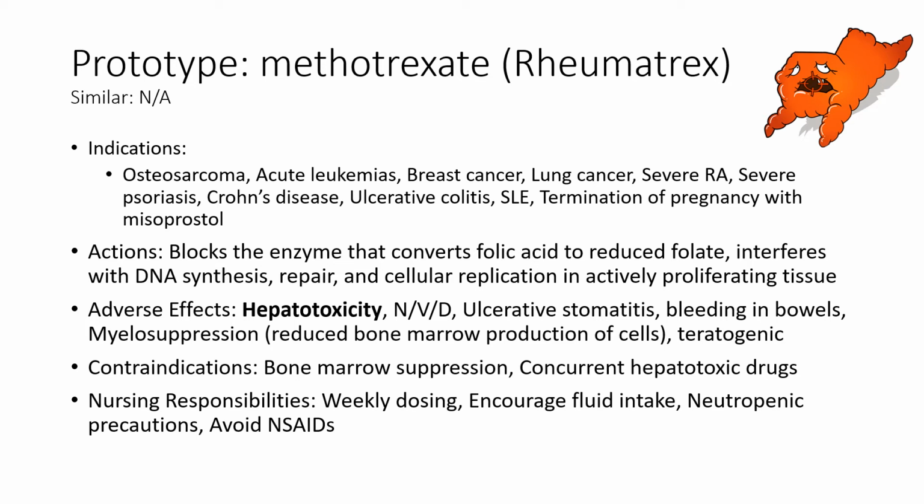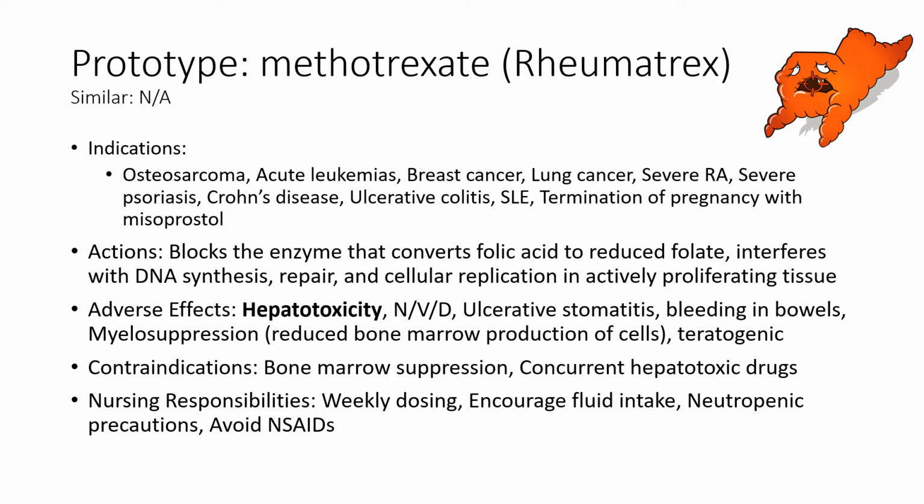So methotrexate is usually given weekly. We typically encourage people to drink a lot of fluids to maintain hydration and to clear the drug renally in the kidneys. Advising on precautions in terms of becoming neutropenic 7 to 10 days later.